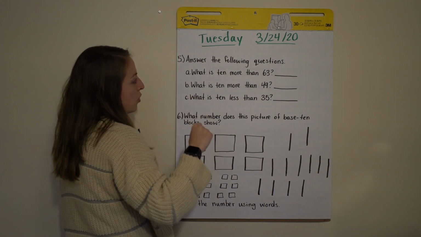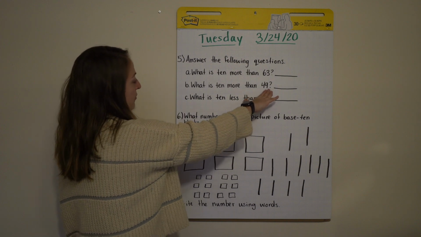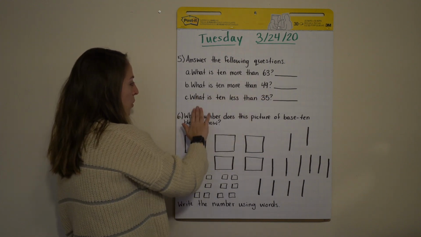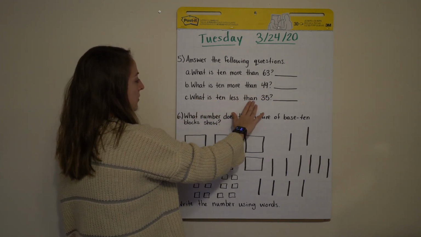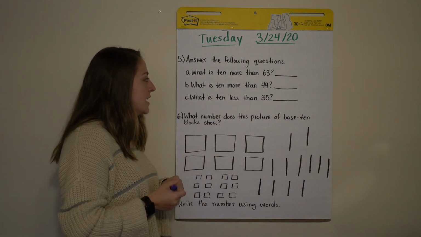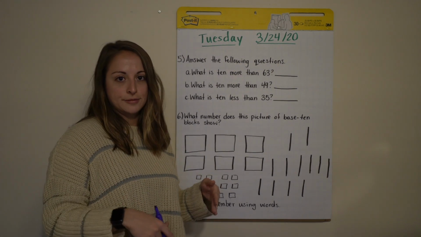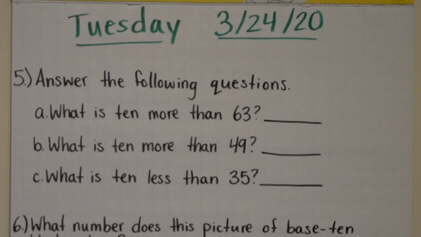What is 10 more than 63? What is 10 more than 49? What is 10 less than 35? So I'll give you about a minute to do all 3 of these on your own, and then we'll go over it together.